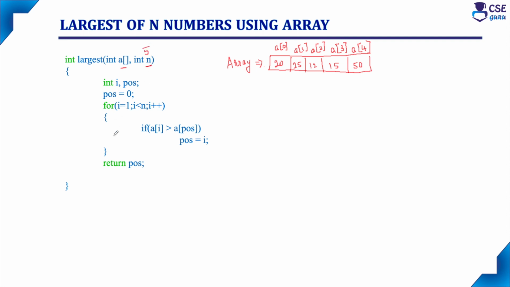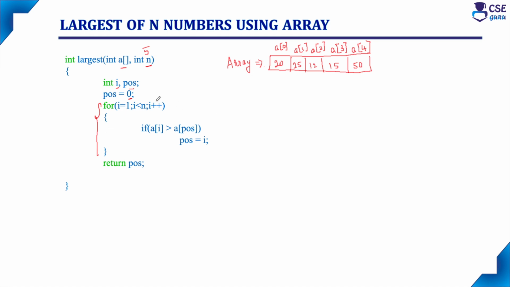Now we will check the logic of this user defined function. Here we have declared i and position as integer data type, and position is initialized to 0. The main logic of the program is nothing but this for loop. In this example, the whole array is passed from the main function to the user defined function.